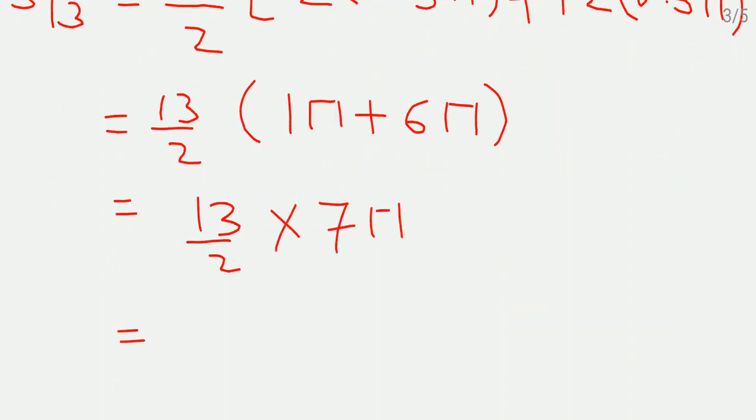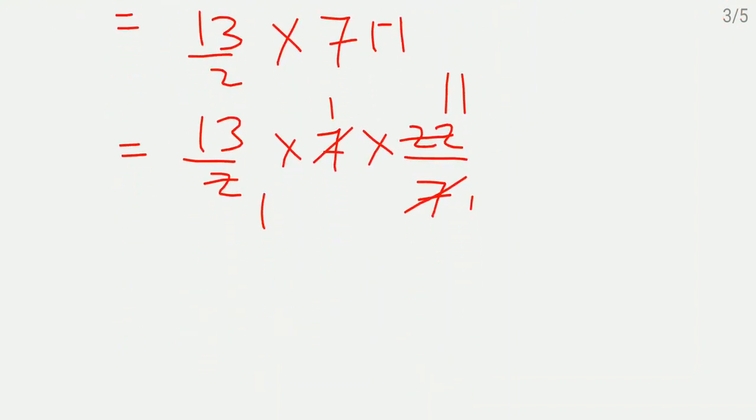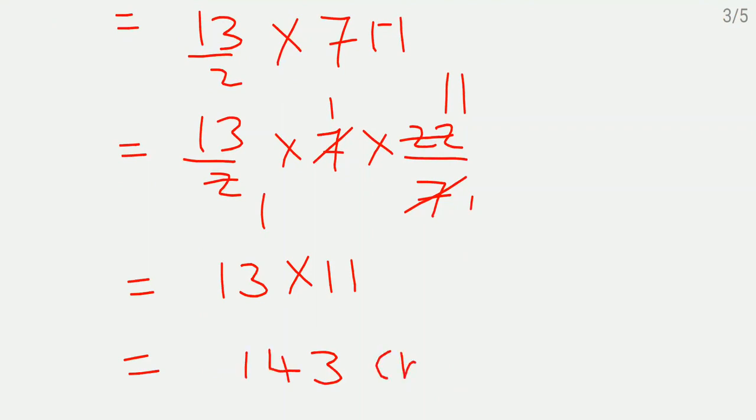Now we will substitute the value of pi. 13 by 2 into 7 into 22 by 7. So 7 and 7 got cancelled here. 2 ones are 2 and 2 elevens are 22, so 11. Now 13 into 11. See here. 13 into 11, which comes as 1 threes are 3, 1 carry. 1 ones are 1 and 1 is 2, so 143. So length of 13 semicircles is 143 centimeter. Correct?